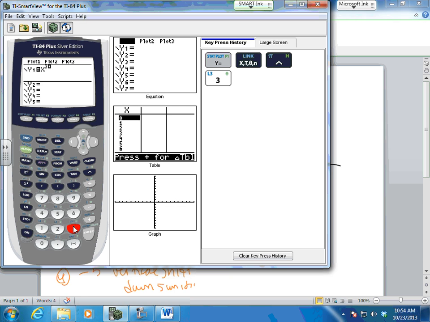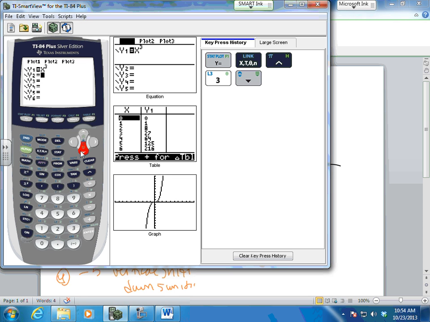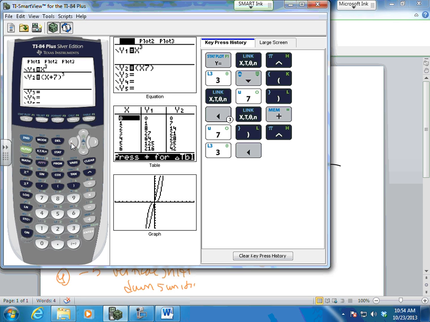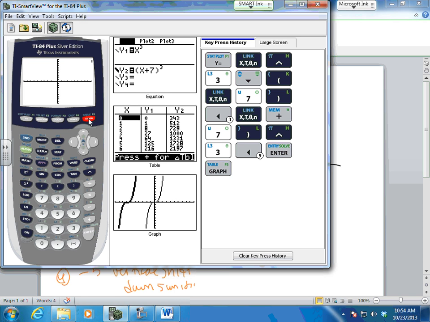And now, the first step we want to look at is what happens when I say x plus 7. I'm going to put it in one at a time. Watch. And then I'm going to cube this. One at a time. I want to see what this does first. So let me move over here and make it darker. So watch what my x plus 7 is doing.